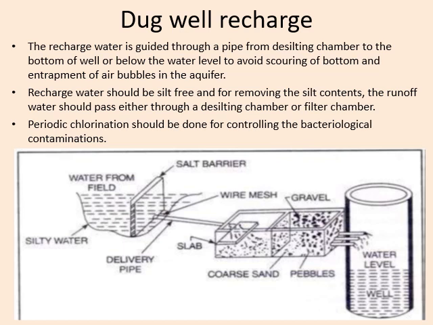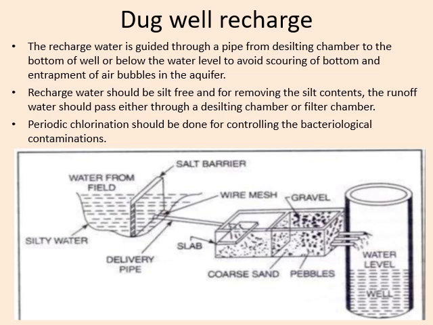From the desilting chamber, with the help of a pipe or conduit, a delivery pipe, the water is going to the bottom of the well, or below the water level, not actually the bottom, below the water level, to avoid the scouring effect at the bottom of the well.